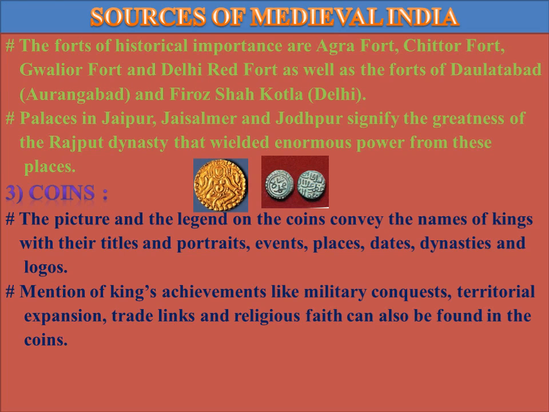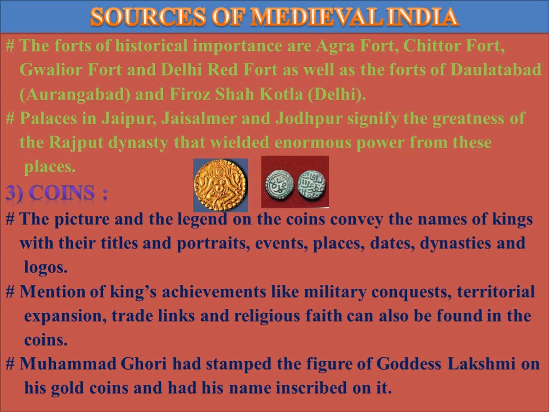Muhammad Ghori stamped the figure of goddess Lakshmi on his gold coin and had his name inscribed on it. This coin tells us that this early Turkish invader was in all likelihood liberal in religious outlook. Copper jitals are available for the study of the period of the Delhi Sultans.